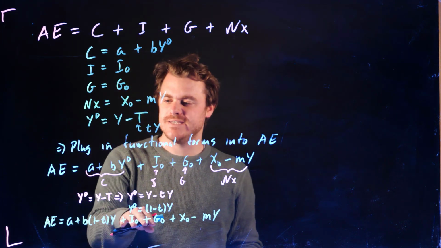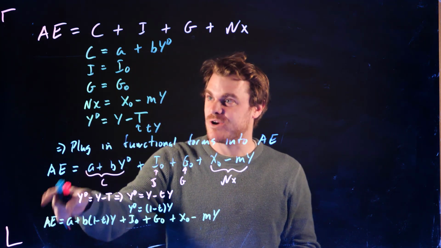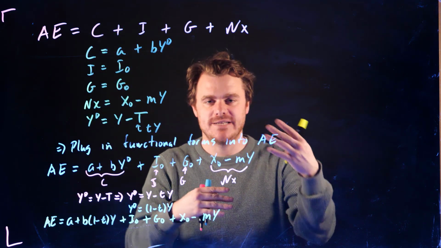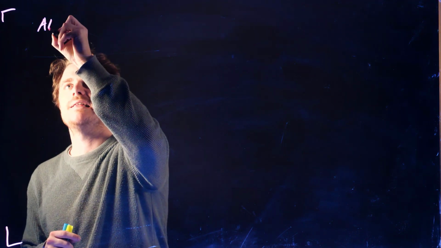I'm going to quickly erase this. Looks like my writing's getting smaller as I'm trying to fit things in. I'm going to quickly erase this and move this back to the top, and then we'll simplify it just like we did last week. There's just a few more terms, but it's the same idea as we did last module. All right, so I'm going to rewrite that last line.